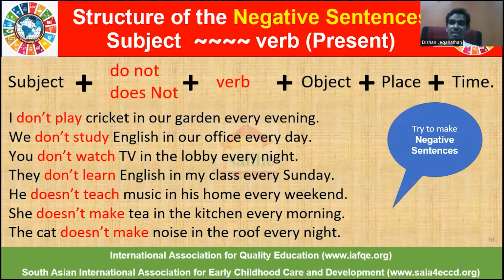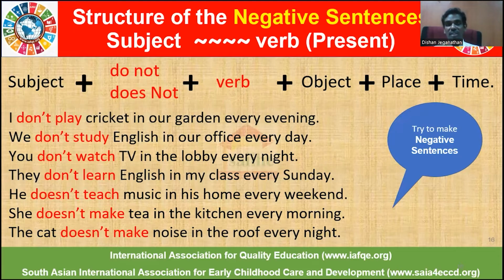In our garden every evening explains the place and the time. Let's look at another example. We don't study English in our office every day. We is the subject followed by don't and the verb is study. English is the object. In our office every day explains the place and time.